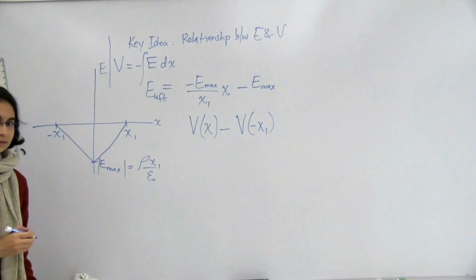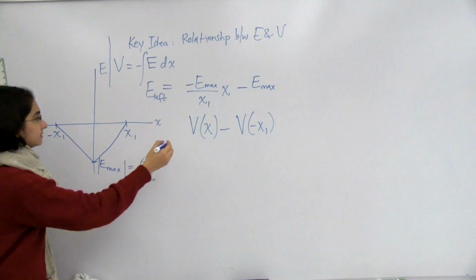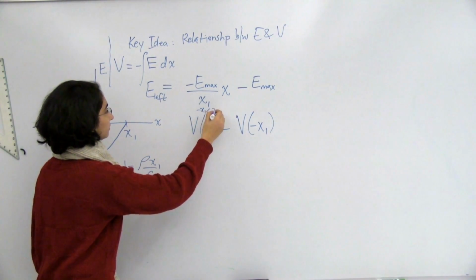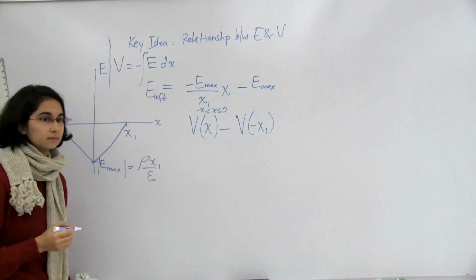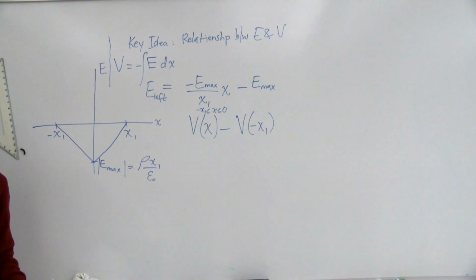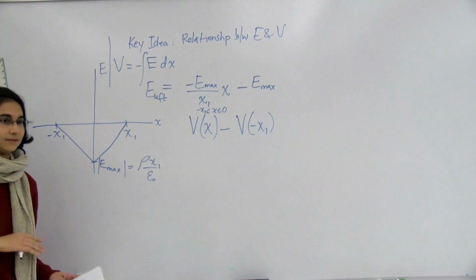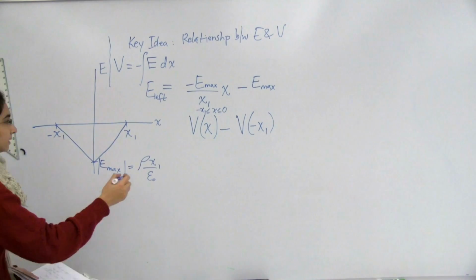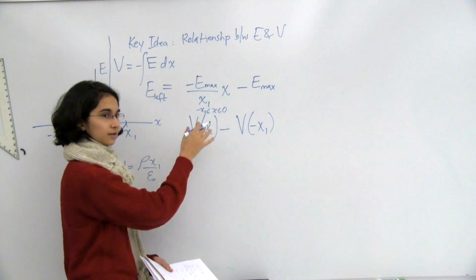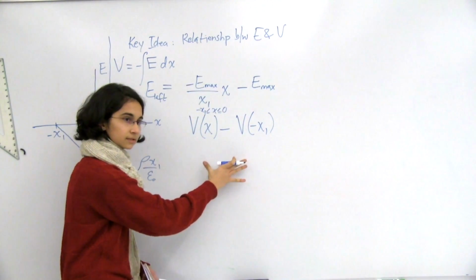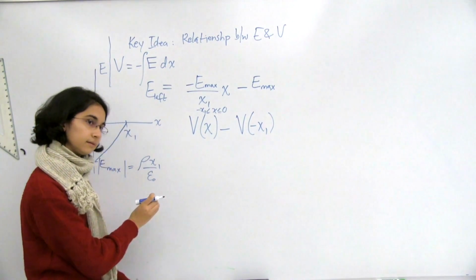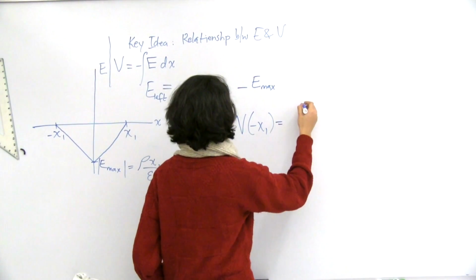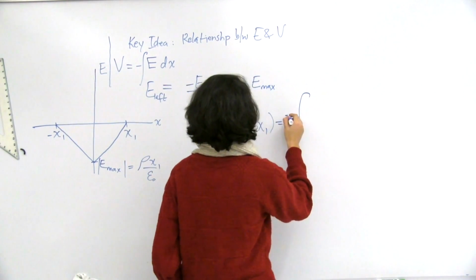Does that make sense? This x here is between negative x1 and 0. And please ask questions in between if you like, because that will be good. Does it make sense that integrating this would give me the difference of these two potentials? Okay, so let's go ahead and integrate that, with the negative sign.